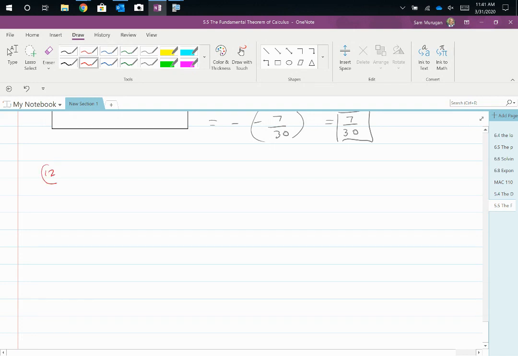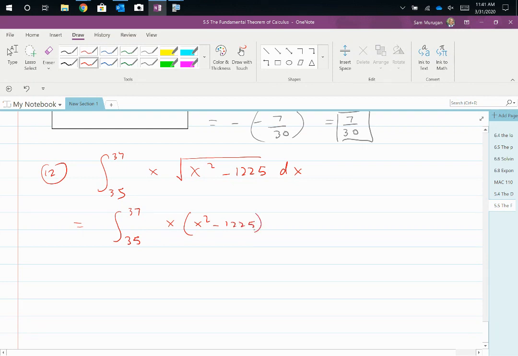Question 12 looks like this. The integral between 37 and 35 of x into x squared minus 1225 dx. So we want to start by saying this is integrating between 37 and 35 of x into x squared minus 1225 to the power half dx.